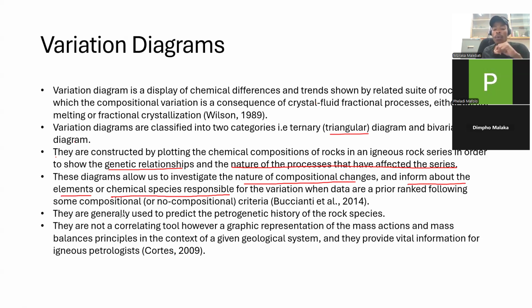They are also used to predict the petrogenetic history of the rock species. You will see when we look at the Harker diagram why these variation diagrams are important in predicting the petrogenetic history of rocks, and also in helping us understand the compositional changes during fractional crystallization or other geological processes.